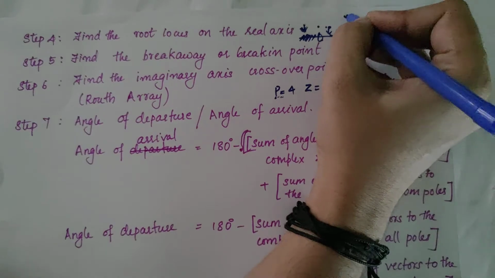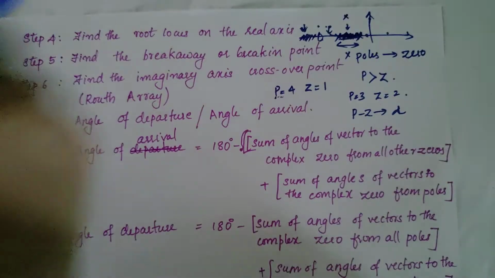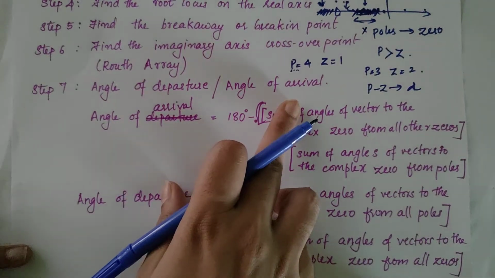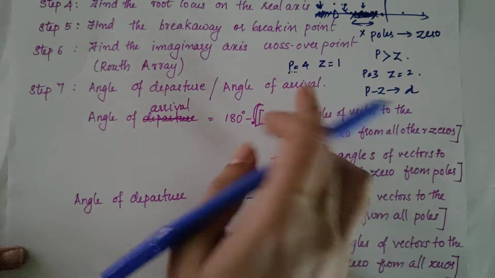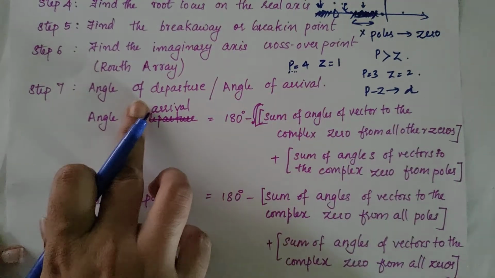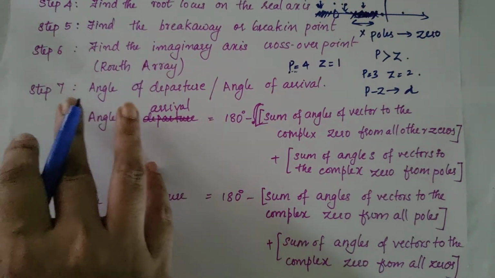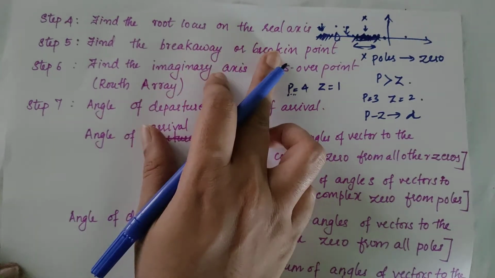Suppose I have a root here and a root here. About these two roots we have the angle of departure and angle of arrival. Angle of arrival is basically for zeros and angle of departure is for poles. Okay. Similarly, breakaway point is related to poles and break-in point is related to zeros.